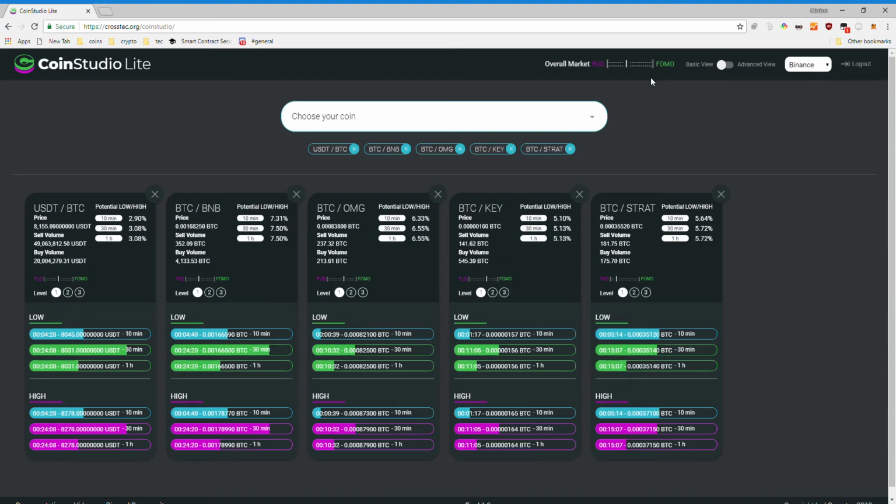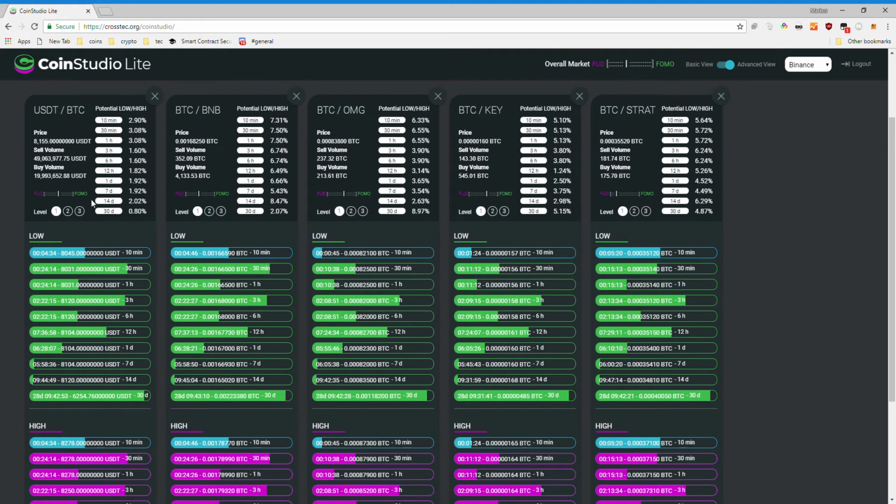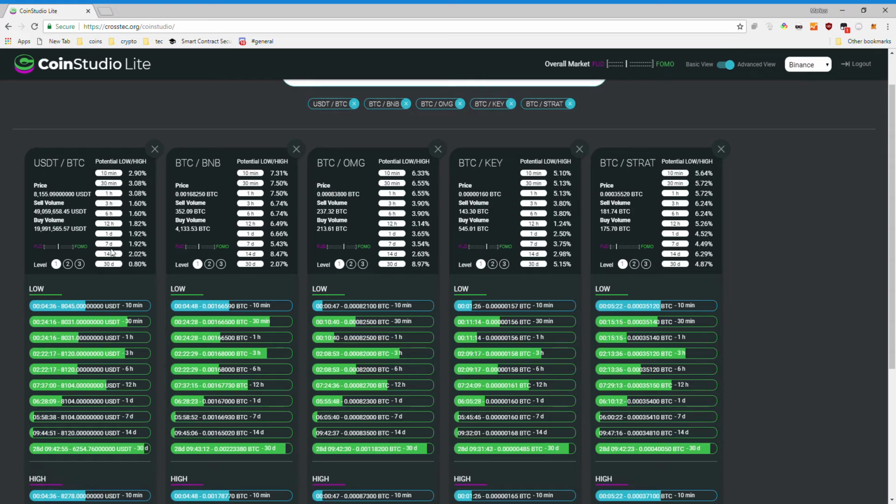but you can extend the scale if you click here from basic view to advanced view. You get a lot more time frames. These time frames simply mean that a snapshot was taken, like 3 hours ago.